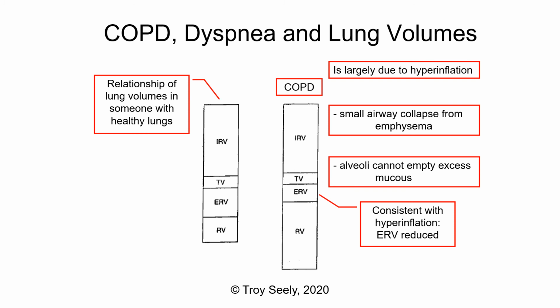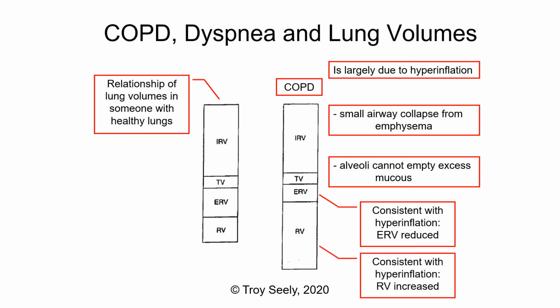ERV is how much air you can breathe out from a forced expiration, but your expiration is difficult to get out because it's being plugged. And in emphysema, the airway collapse will also have hyperinflation. So your ERV is reduced because you can't clear the air further, and your RV is increased because of all this air that's trapped within. The lung functional tests have changed, which is why these functional tests can be used to assist in the diagnosis of COPD.